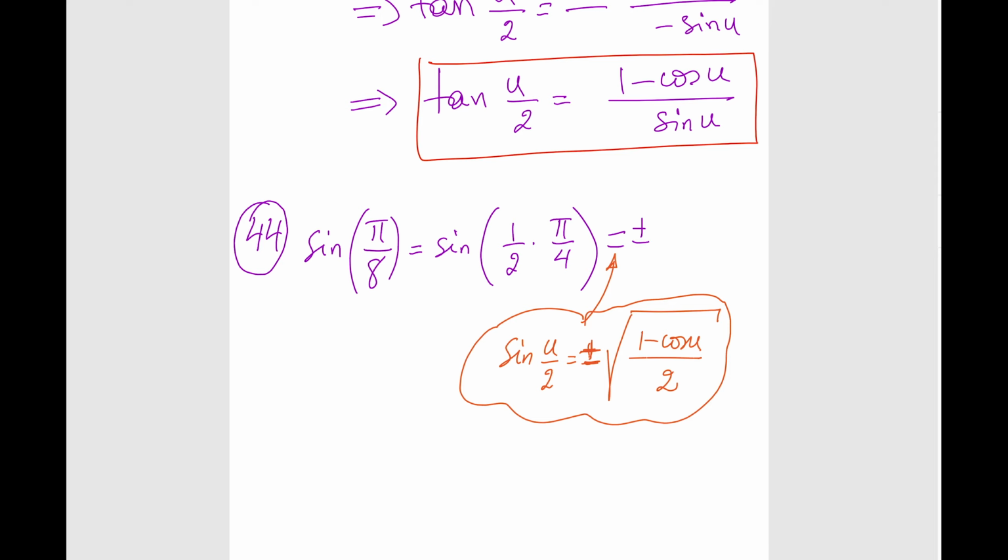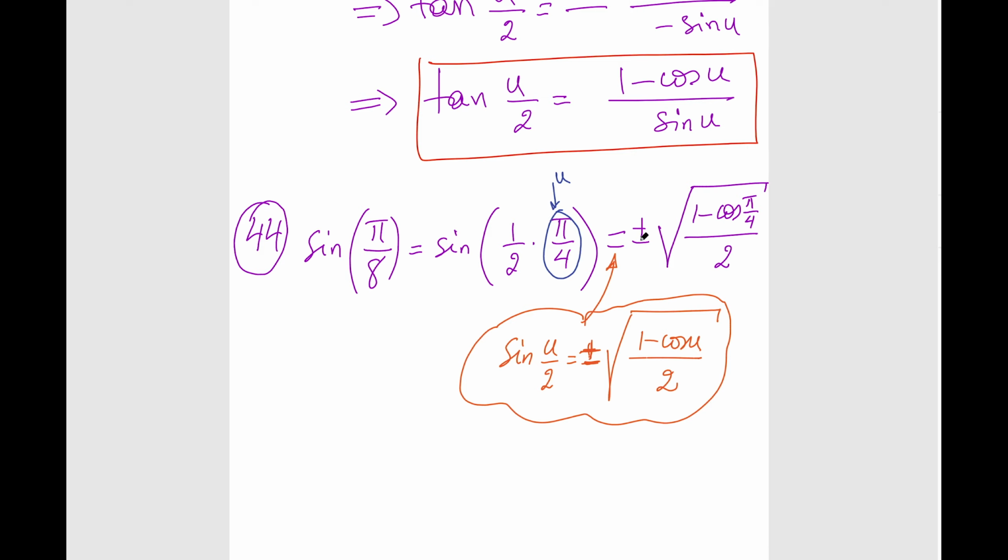Plus or minus the square root of 1 minus cosine of the angle. And who's playing the role of u? It's this guy, pi over 4, right? So sine of half of u, which means u over 2, is equal to plus or minus square root of 1 minus cosine of u, and u is, as we said, pi over 4. The whole thing is divided by 2, right? So we have this.